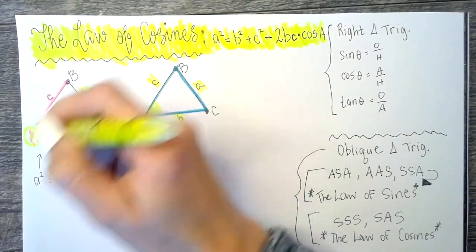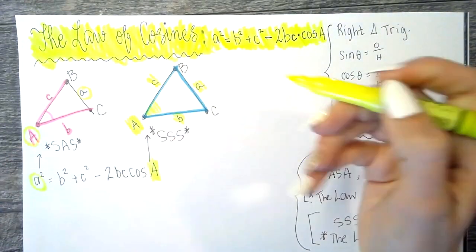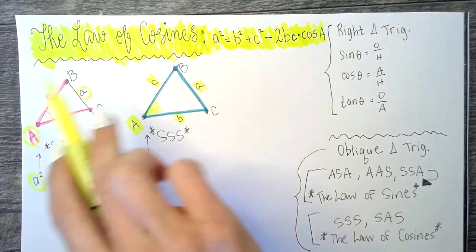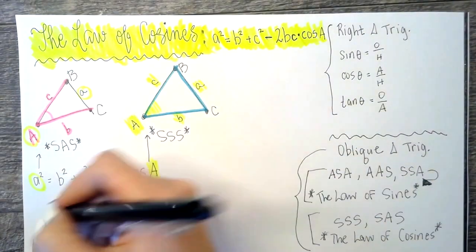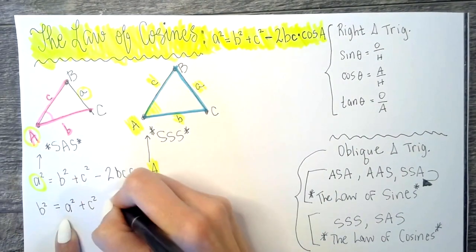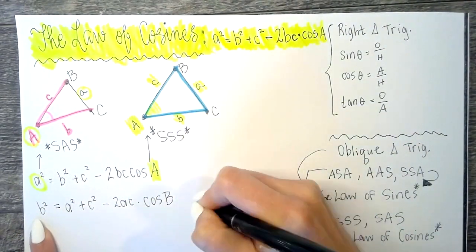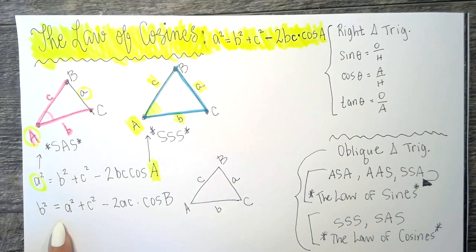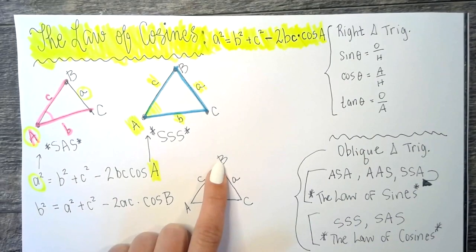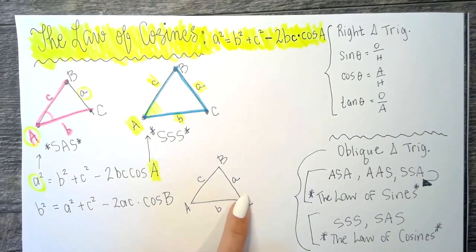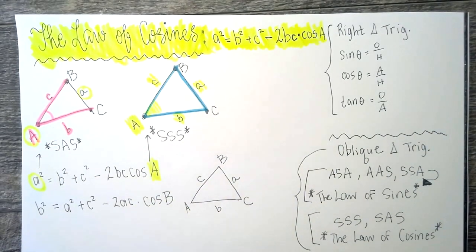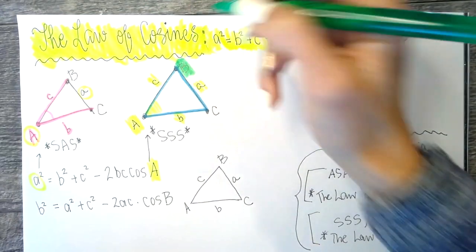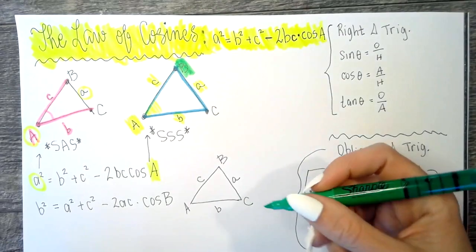So if that's what I'm solving for, that's how I set it up. Let's look at another case. If we use b squared equals a squared plus c squared minus 2ac cosine B, that would just mean that my side angle side has me set up to either solve for angle B or side B. Whatever the first or last letter is, that is what you are looking to solve for. So I'm just showing that in green over here.